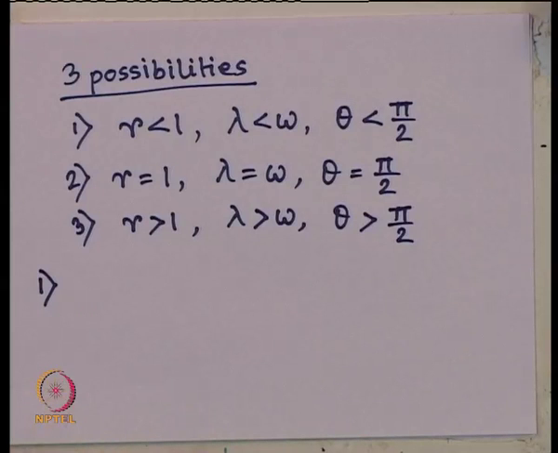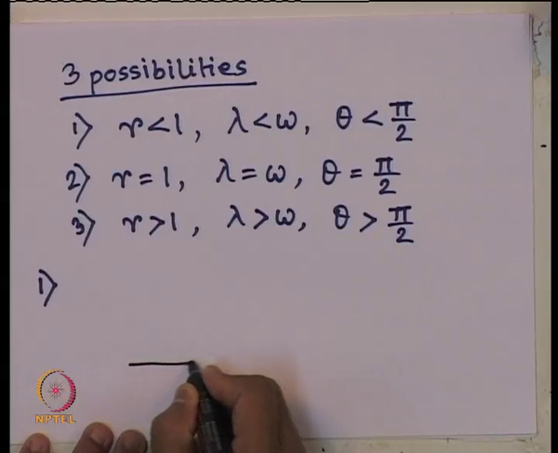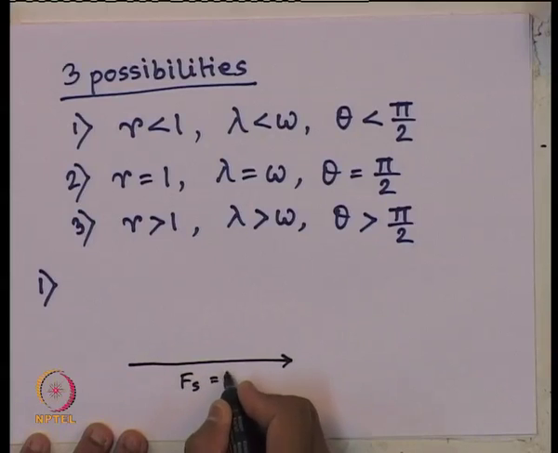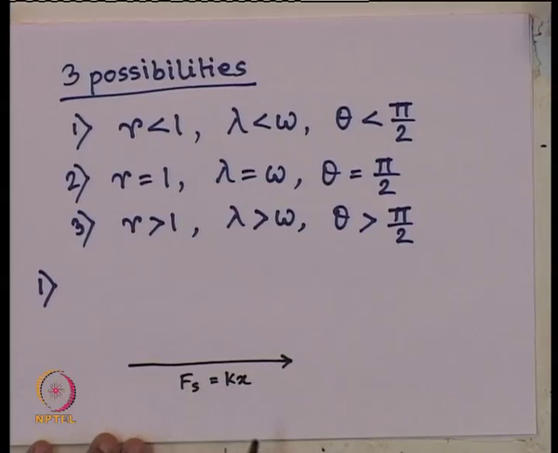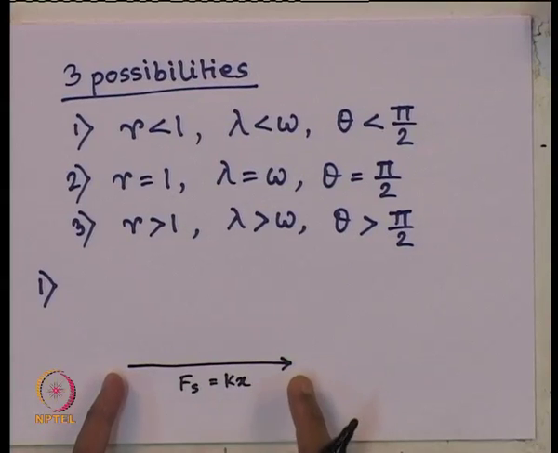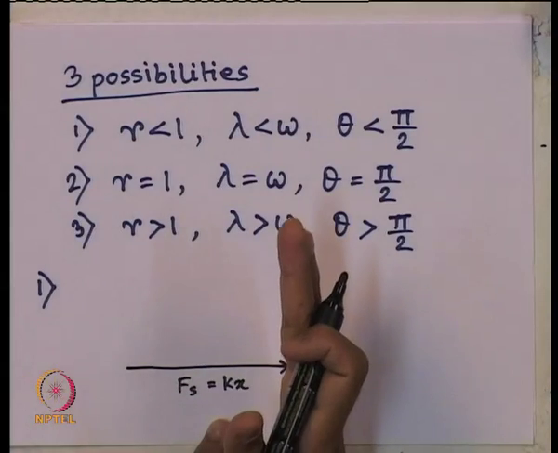The first case, if I want to draw the Maxwell diagram, what will it look like? Suppose this is our F s, which equals k x. I am now drawing the force diagram, okay? In Maxwell force diagram, this is our F s, that is stiffness force equals k x. Now, damper force F d will act 90 degree to this force, because that is a function related to the velocity.